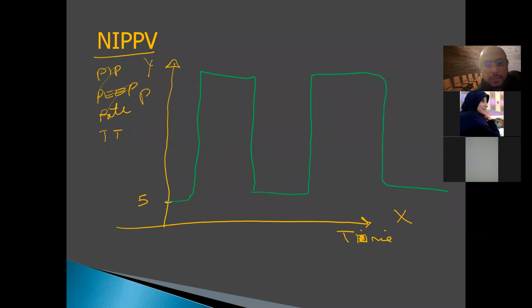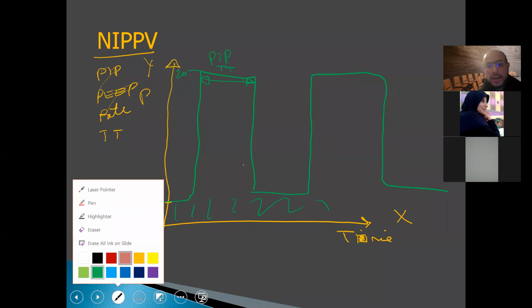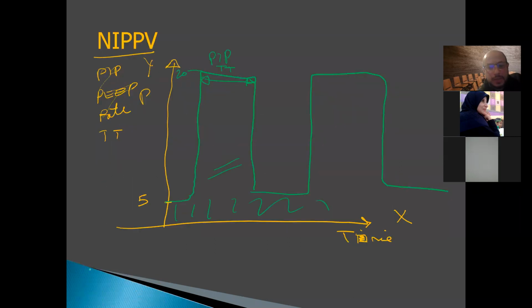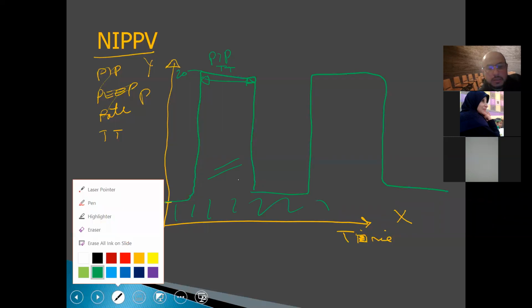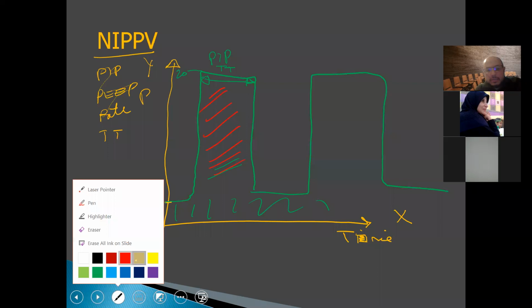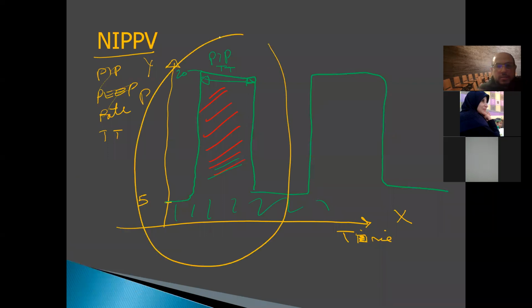So this one, PEEP of 5, that's your PEEP, PIP 20 or 25, whatever the number. The distance between here, all the way here, that's called I time. The area inside the box, that's your tidal volume. Okay. And that's the whole cycle. So that's one rate, that's the second rate, and so on.